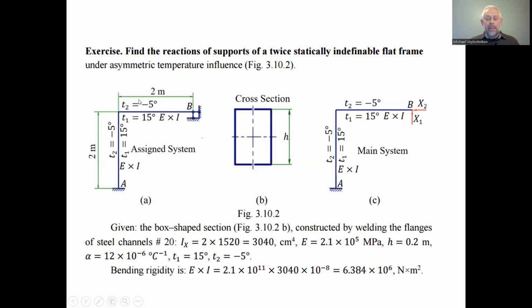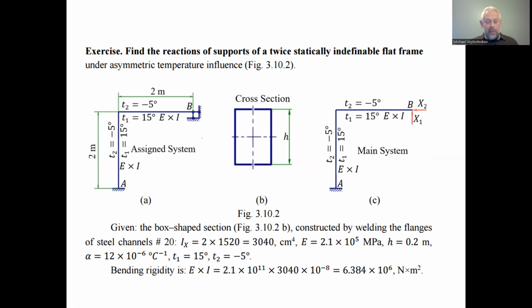The transverse section of the considered frame consists of two channels. One channel we assume is number 20. Number 20 is a channel with a height of 20 centimeters. It is from the directory and has standard characteristics of the moment of inertia of the transverse section.